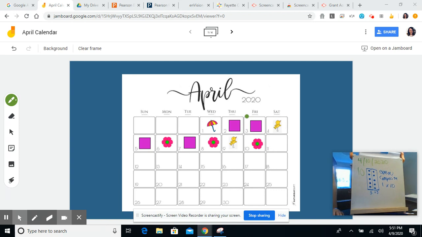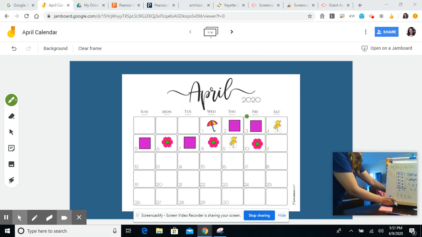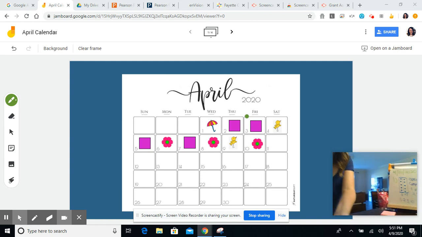Remember, factors are numbers that multiply together to equal that number. So I can use this and say 2 times 5 are also factors. So I can list my factors just like this. Okay? So we've done our 10. We've done our calendar.